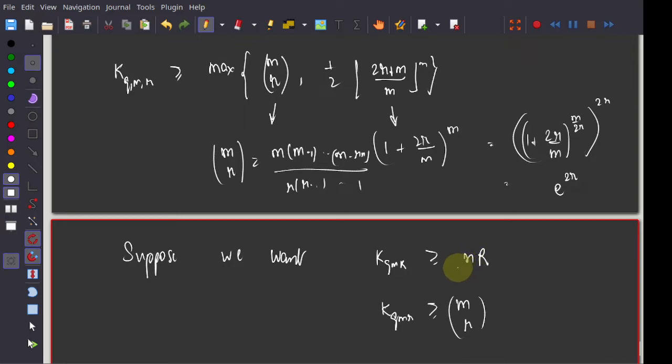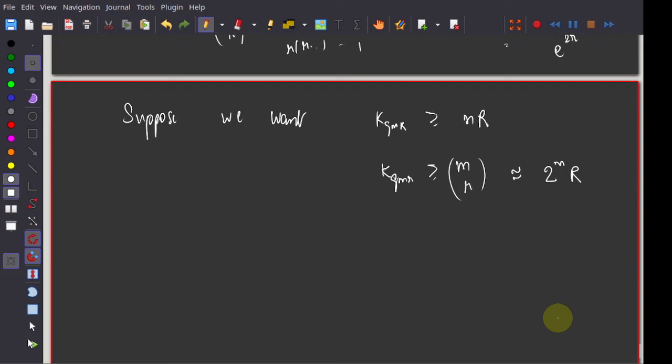It's 2 to the power n. So I want this to be approximately close to 2 to the m times r. And when can I get that? I can get it only if r is very close to m over 2.